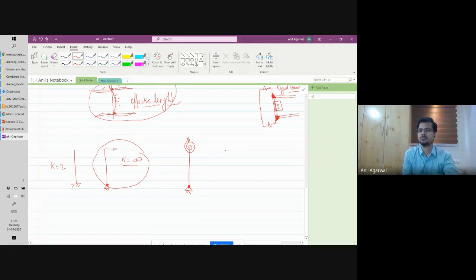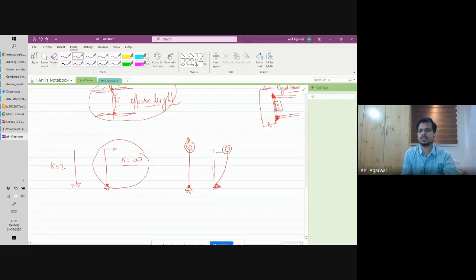So now if it has to move, it can move this way only. I'm assuming that it is a very, very stiff spring. So laterally it could move easily, but it had to rotate also.